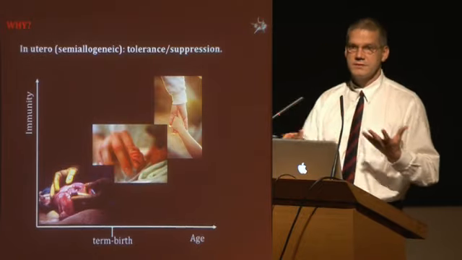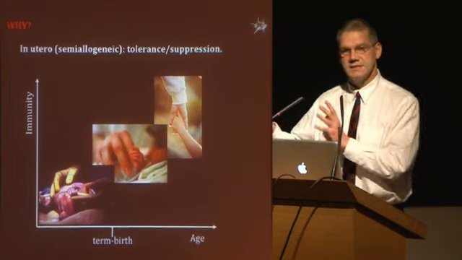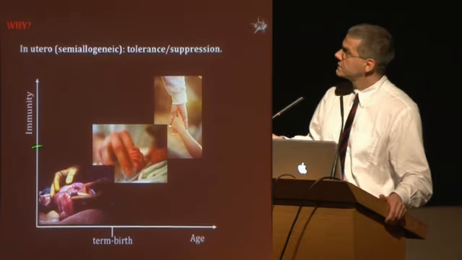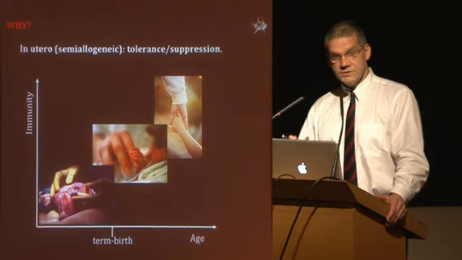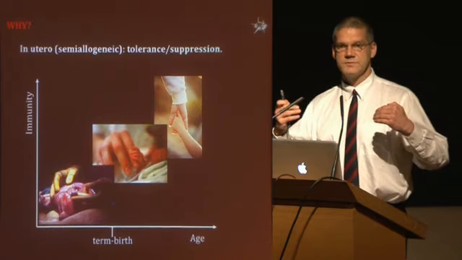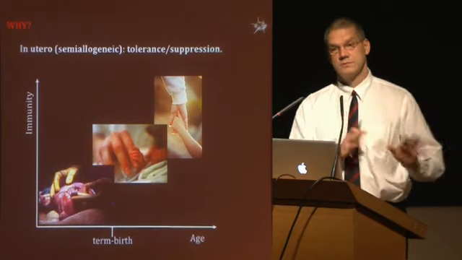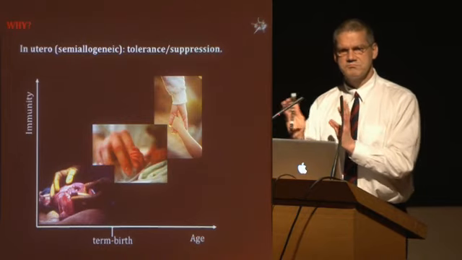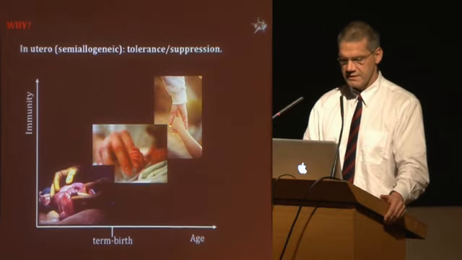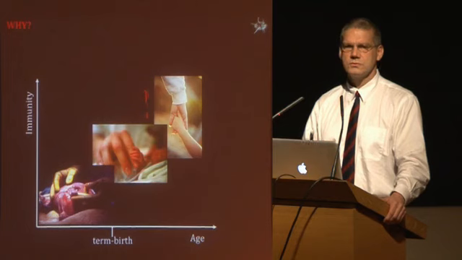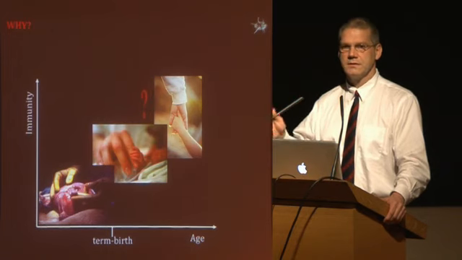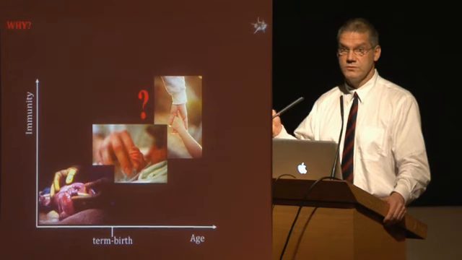They should be rejecting each other, and most often, at least as we talk about term babies, they're not. So having an early intrauterine existence where your innate immune system is geared towards anti-inflammation makes perfect sense. So for the why there, at least, there's some reason to believe that we understand it. But we really have absolutely no clue what drives postnatal development of the innate immune system. Functionally, we have no clue.